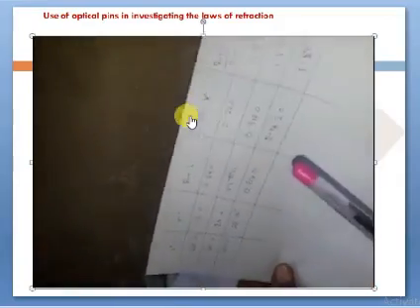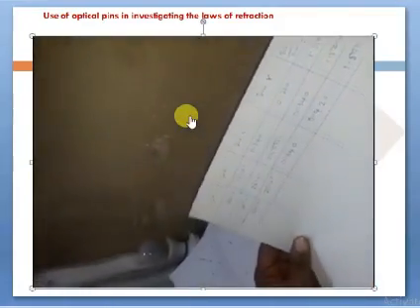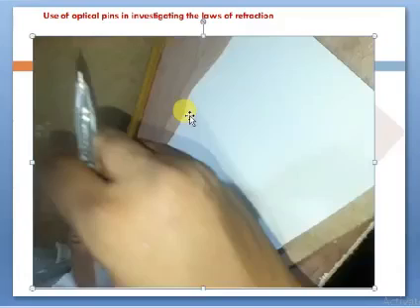For angle of 30, 1.5. For angle of 40, you probably have what? 1.5. Showing they are what? Constant.